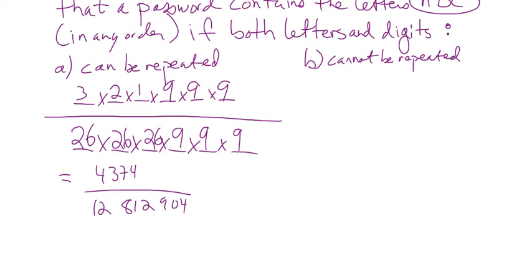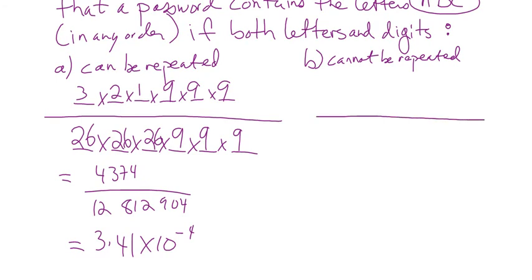Let's try this. No, still won't reduce it. So 3.41 times 10 to the negative 4.